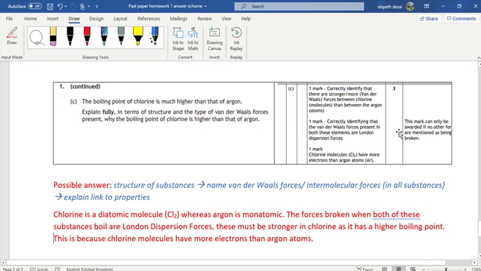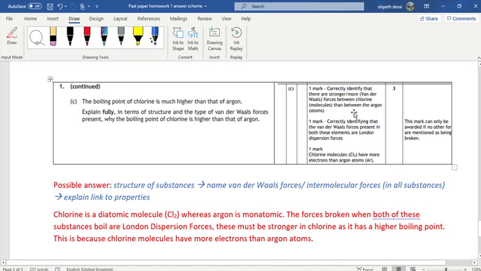So your 3 marks here, you get 1 mark just for saying that there are stronger forces between chlorine than argon. So even if you don't get this bit about diatomic versus monatomic, if you just say stronger forces, as long as you don't say anything about covalent bonds, because covalent bonds are not broken when chlorine melts or boils. So if you say something about covalent bonds, you would lose your marks in this question.